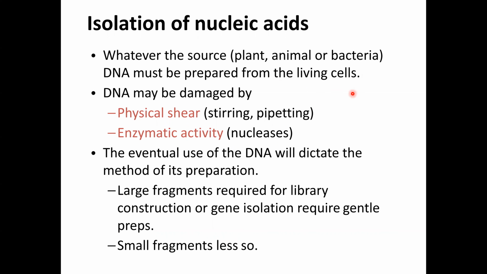There are also factors that prevent your DNA from being isolated because it's already damaged. One of the factors is physical shear. It could come from stirring, if you stir your samples too vigorously, or if you continuously pipette, not gently, your samples. That could also damage your DNA.